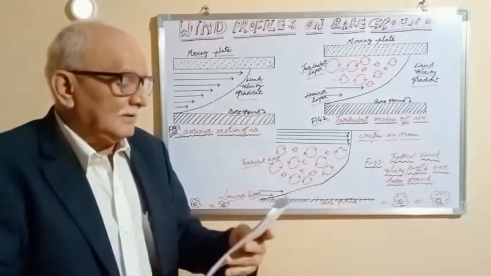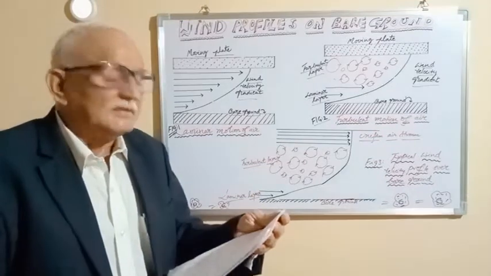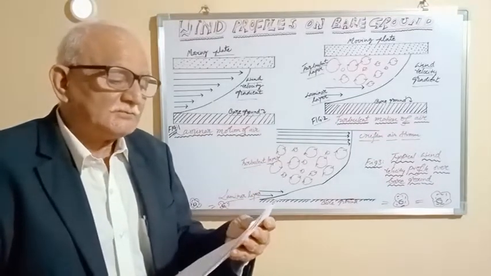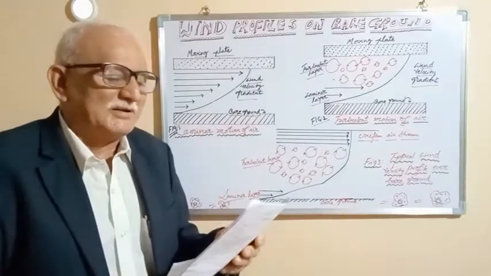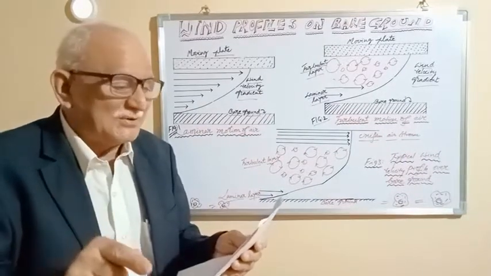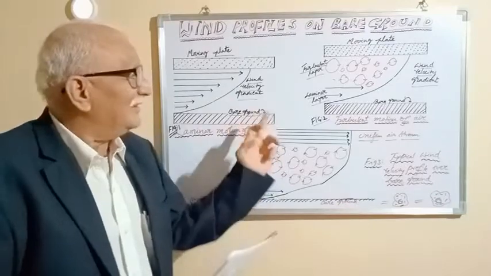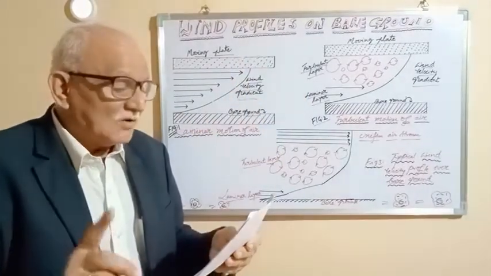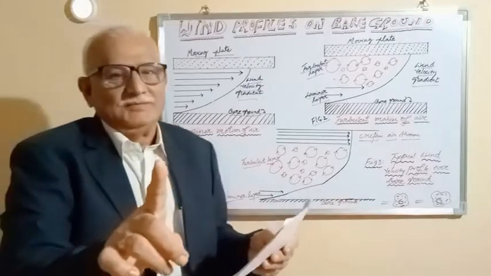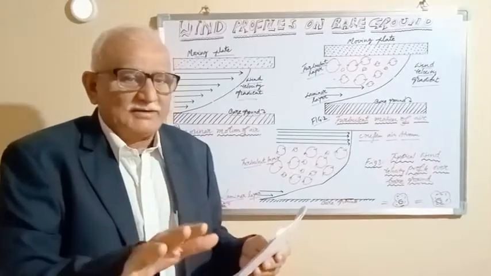Now, to calculate the flux densities, it can be assumed that the density of the air is constant and that mean vertical velocity is 0. From there on we can calculate it. This is a very important question. Most important, in no book you will get this one.